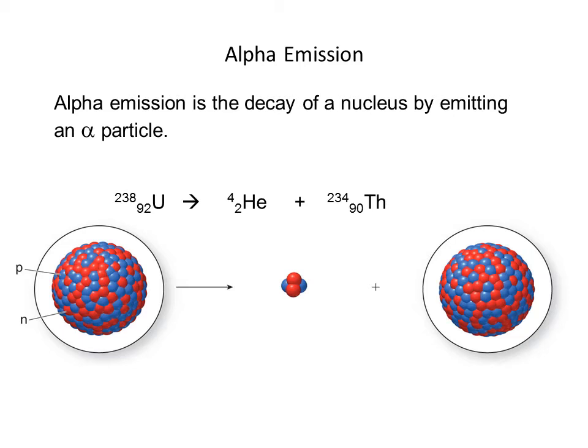This is a balanced nuclear reaction. The reason it's called alpha emission is you can see that the alpha particle is spit out by the uranium nucleus. After it spits out the helium nucleus, then it becomes thorium.